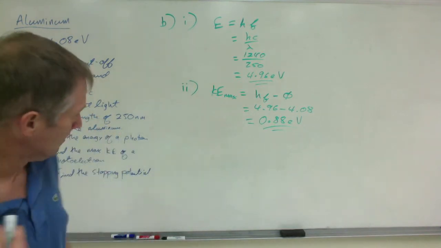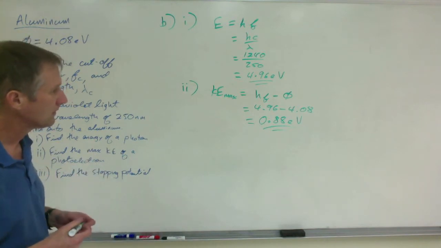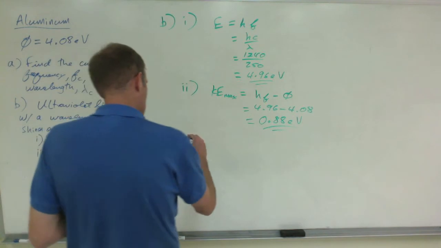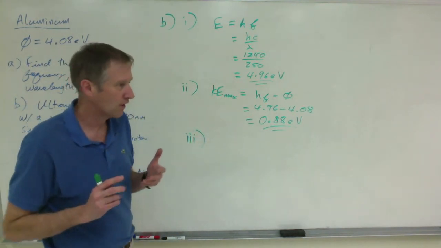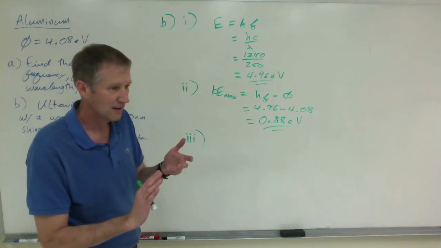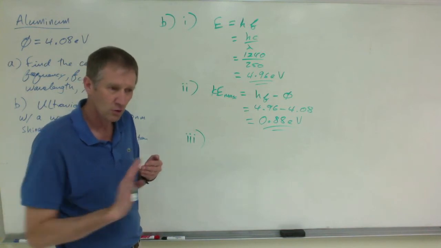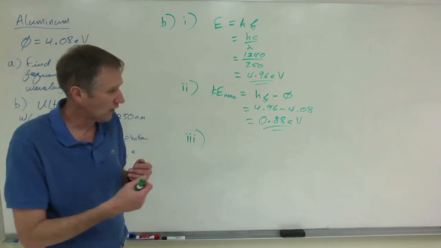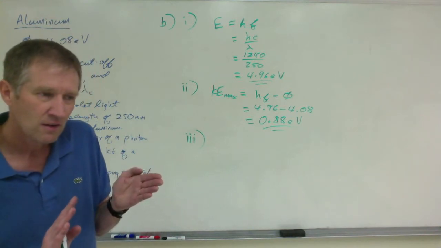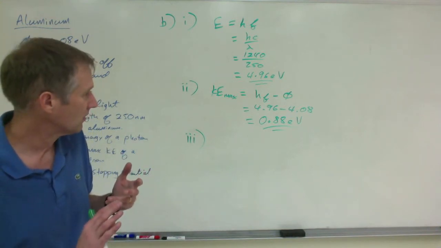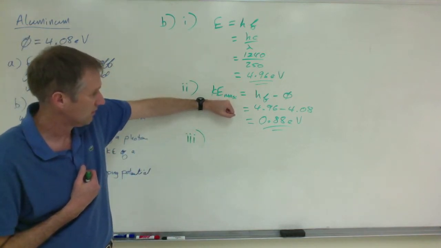The last thing is to find the stopping potential. What's the stopping potential? The stopping potential is where you can stop the current, and that's where you apply a negative voltage. So the potential difference is you reverse the battery, and you have a negative plate at the collector, which is repelling the electrons. And you crank it up all the way to the point where it just stops the current, and it just repels those photoelectrons that have the greatest kinetic energy, the maximum kinetic energy.